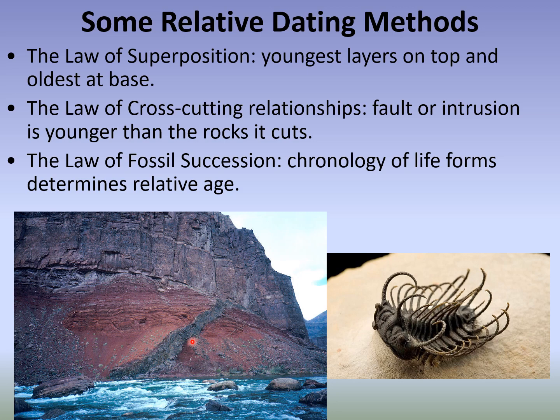So the darker material here is younger than the reddish material because the darker material needed the red material to cut into, right? If that red material wasn't there, how could this have cut through? So we call that cross-cutting relationships.